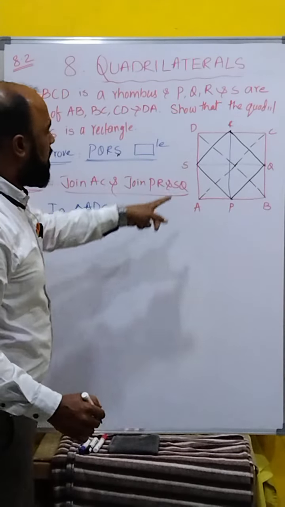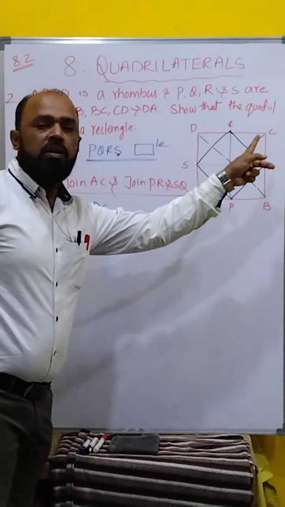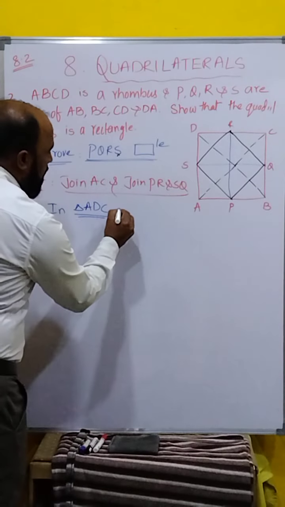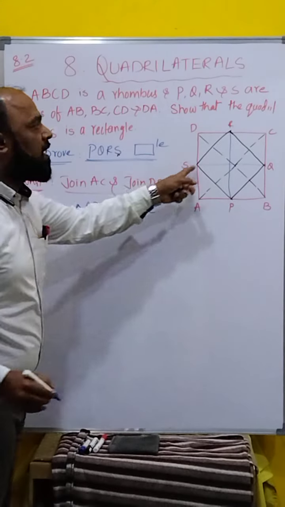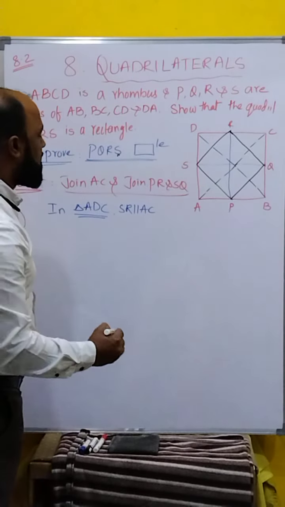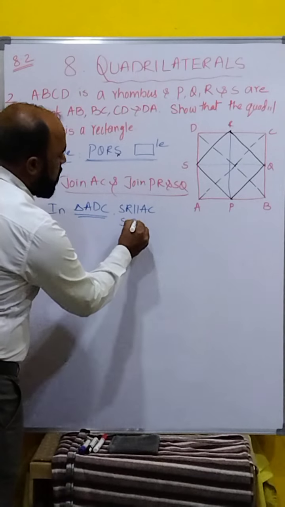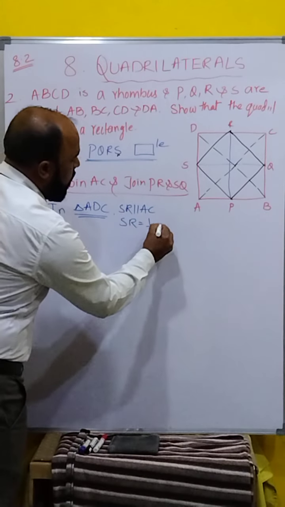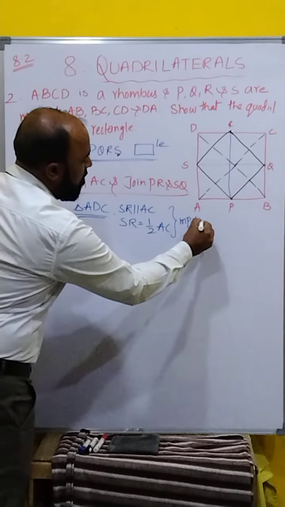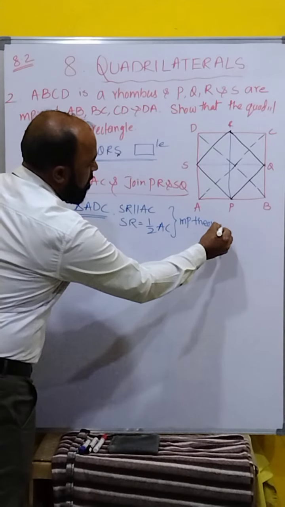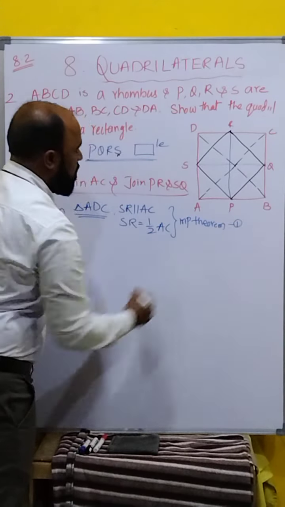SR is parallel to AC because S and R are midpoints, from the midpoint theorem. Then SR is equal to half of AC from the midpoint theorem. This we can take as 1.